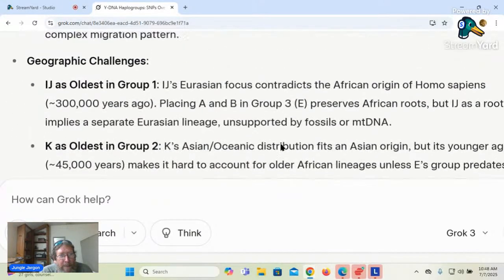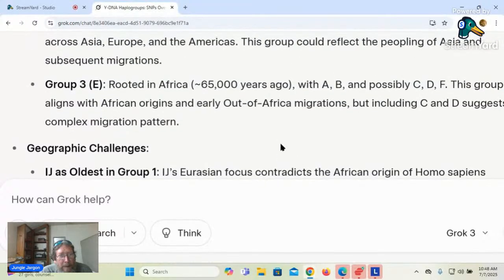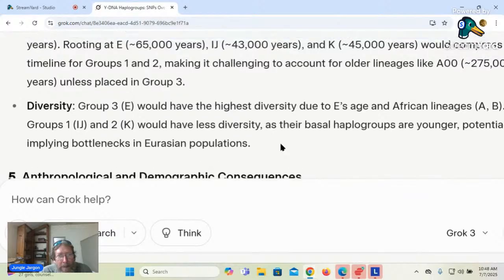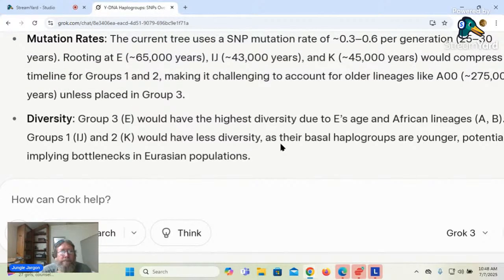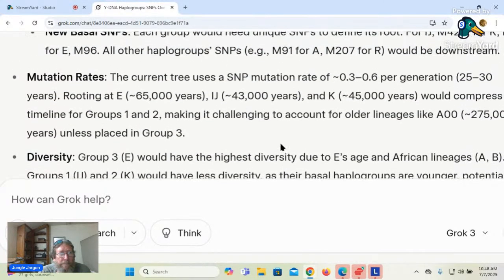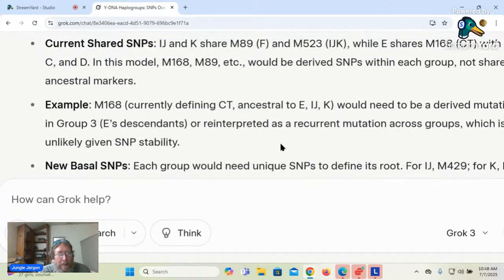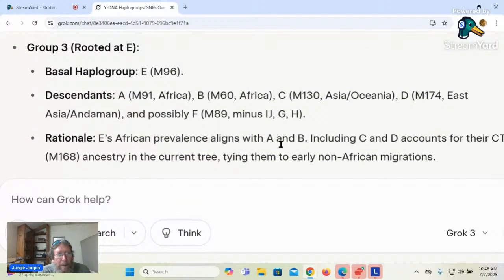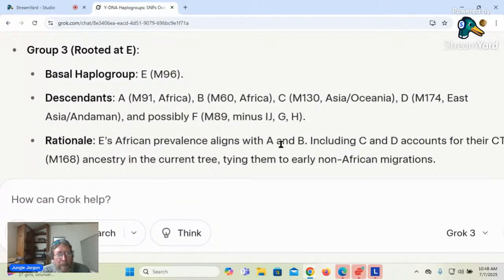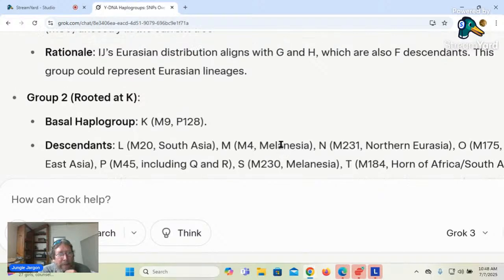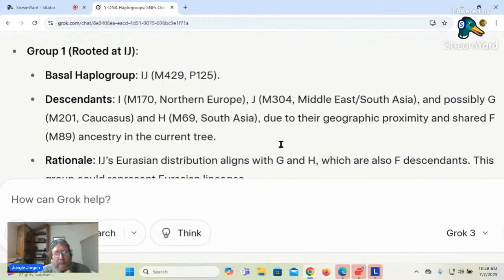E is the oldest. Maybe I have to go back to the other one. Group 3 rooted at E. Okay, so it's group 3, group 2, and group 1. I think this is what I need for the time being.